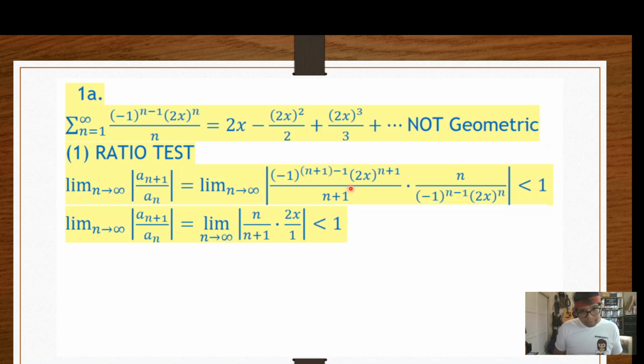You just took an absolute value. And lastly, we've got 2x to the n plus 1 over 2x to the n. If you've been following along in class, you know that the n powers are going to cancel, and you're just left with this 2x over here. I put it over the 1 just because I already had the fraction bar set up. And again, you're going to force that to be less than 1.